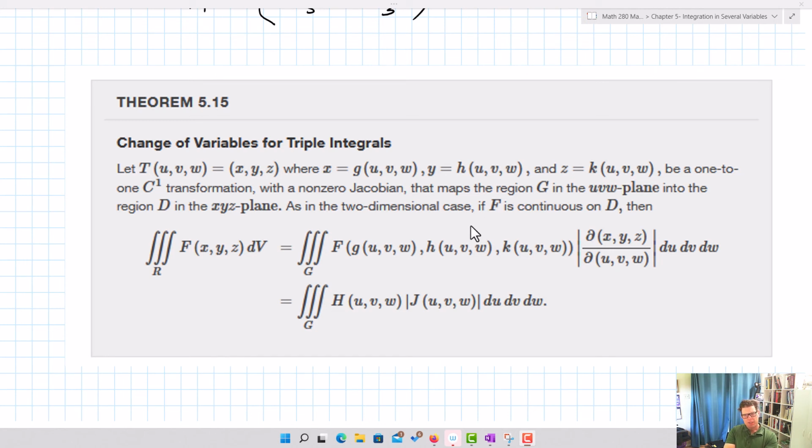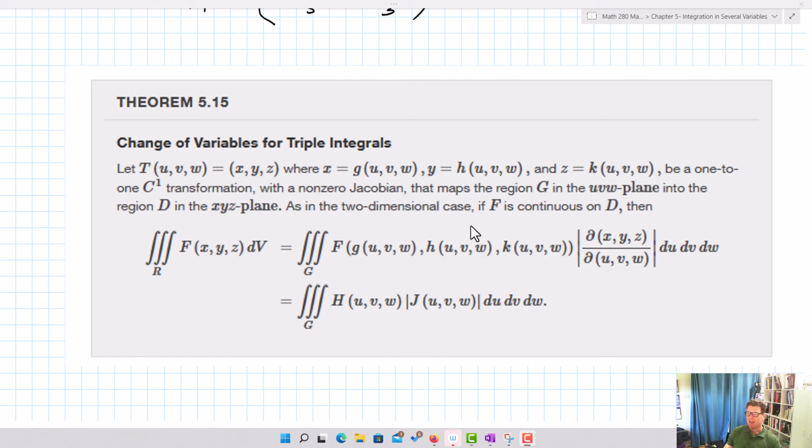If f is continuous on D, then the triple integral over the region D of f of x, y, z dV is equal to the triple integral over G of f of g of u, v, w, h of u, v, w, k of u, v, w, times the Jacobian of x, y, z with respect to u, v, w, du dv dw.